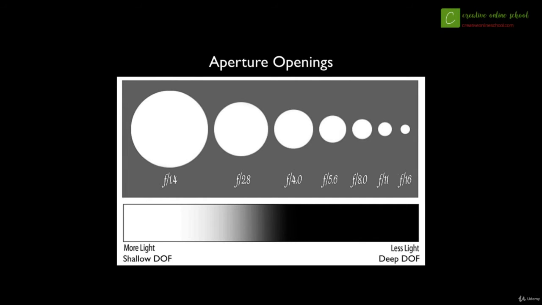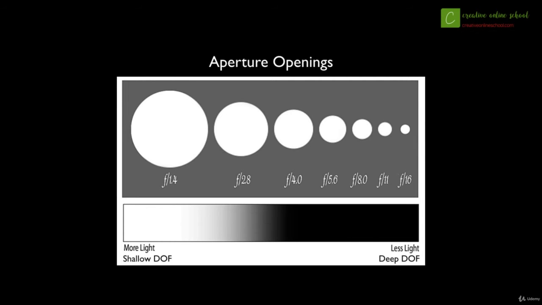So if it acts just like the pupil in our eye, and we give our camera a very large opening with a small aperture number, we're getting more light. And conversely, if we shut our aperture down to a small aperture opening, large aperture number, we're going to get less light. Also remember that with f16, that smaller opening, we're going to get a deeper depth of field.